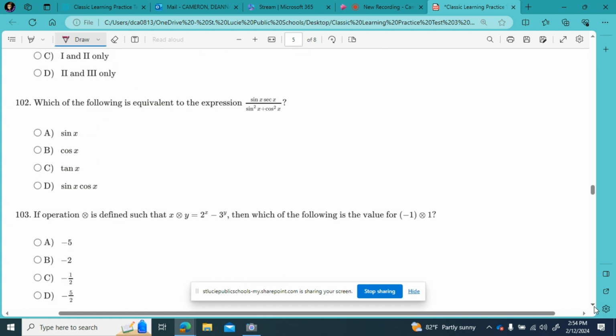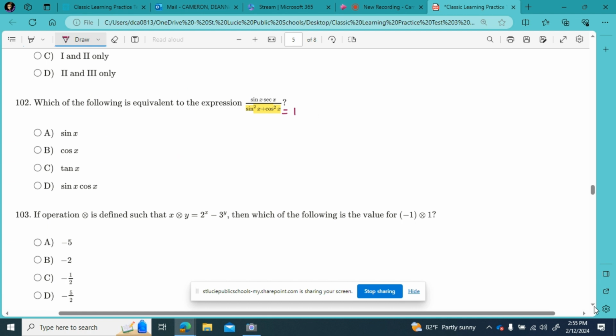And then real quick, question number 102 says, which of the following is equivalent to the expression sine x secant x over sine squared x plus cosine squared x? Well, immediately, if you look on your reference sheet, you can see that this bottom, sine squared x plus cosine squared x, is equal to 1.